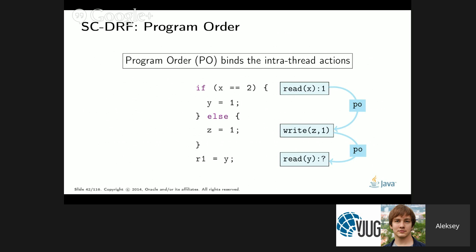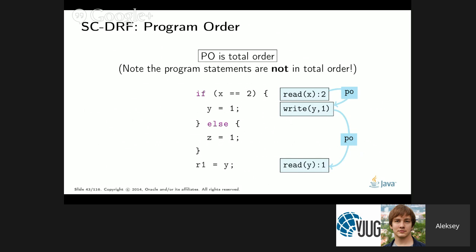And actually the spec says that the actions are bound together in some program order, and program order binds the actions that relate to one particular thread. So this is a valid sub-execution on this slide.